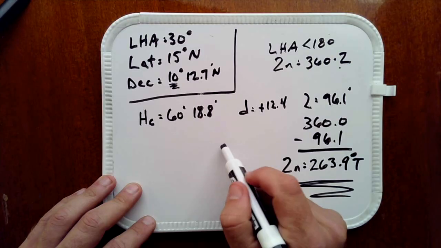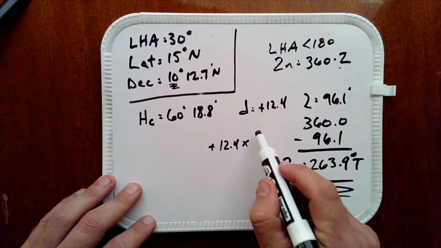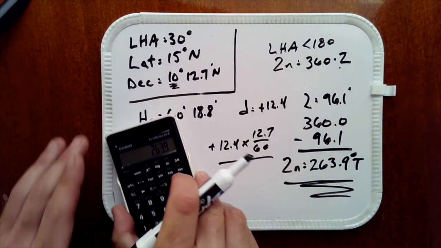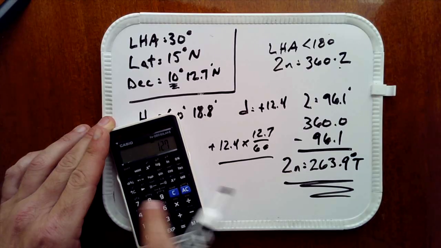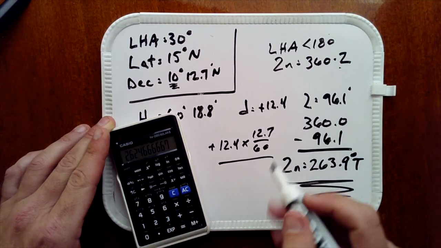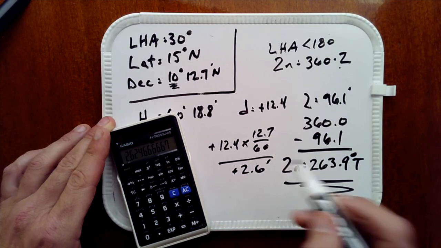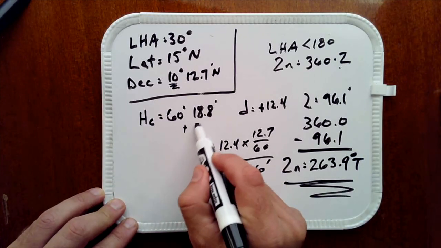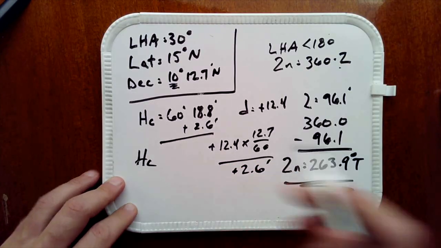So 12.4, and it's positive, times 12.7 over 60 is going to be our answer. So it ends up being 2.6 minutes that we need to add. So this right here goes over here, so plus 2.6 minutes, and now our computed height gets corrected as well.